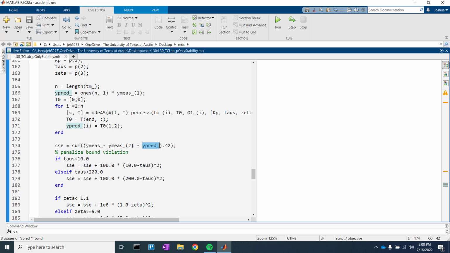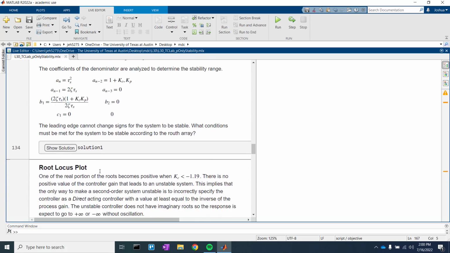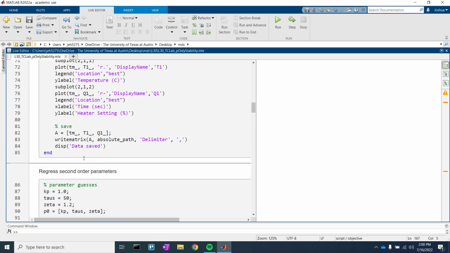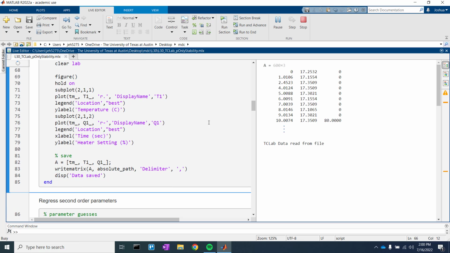Now we have our y measured in terms of a deviation variable as well. Here you can see our initial state for our predicted is 0 actually, rather than 17 or 24 or anything like that. So we'll go ahead, we'll do that, and then we'll look at our P-only simulator and how that works first.